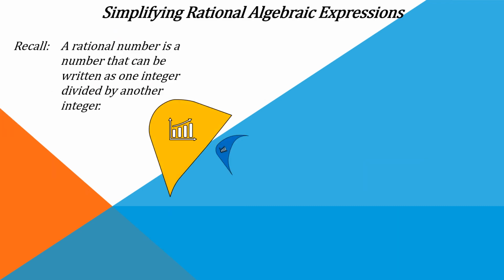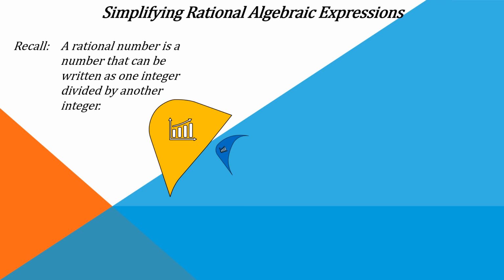Simplifying rational algebraic expressions. First, we need to recall that a rational number is a number that can be written as one integer divided by another integer. It is a ratio of two numbers.